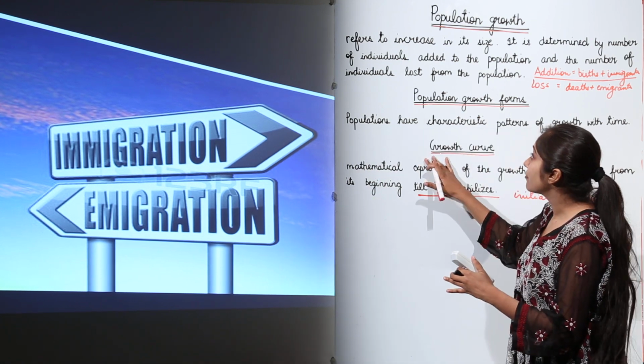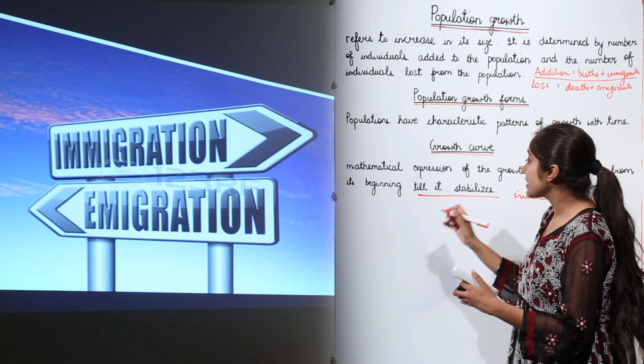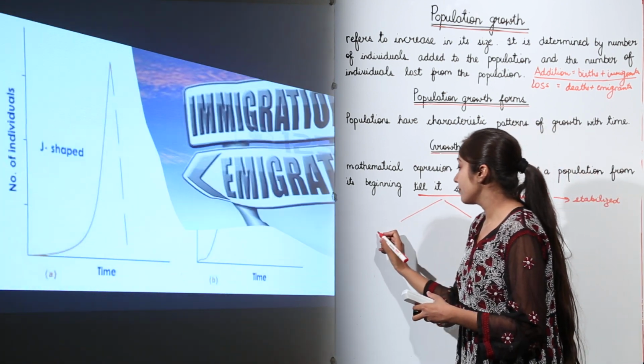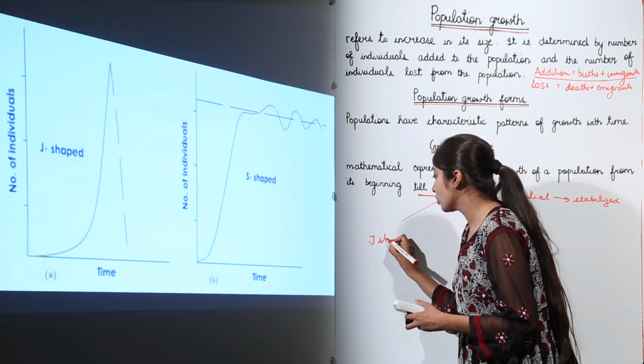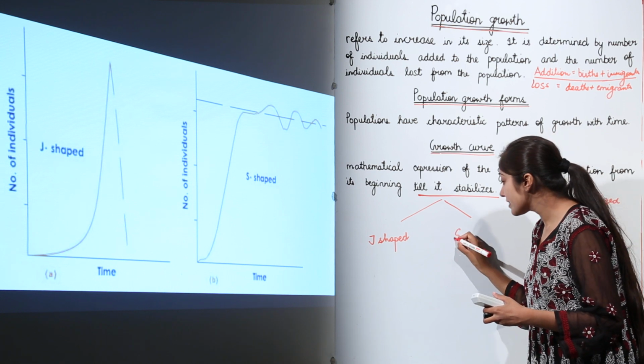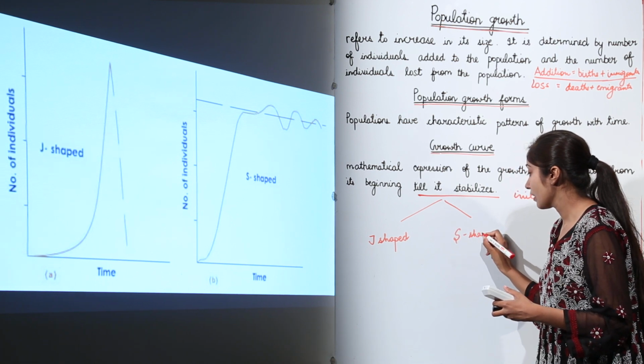With reference to population growth, we will study two types of growth curves: a J-shaped growth curve and an S-shaped growth curve.